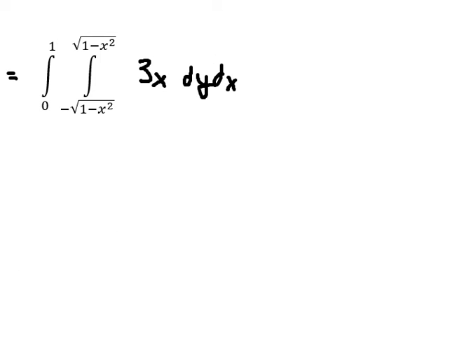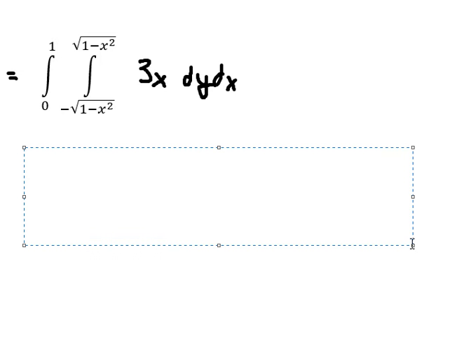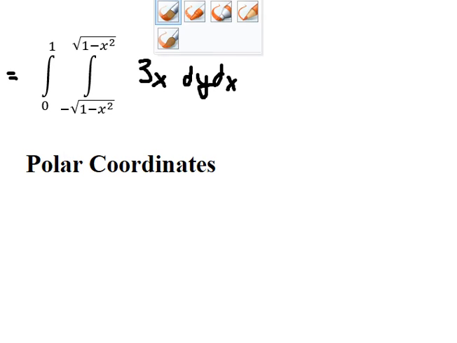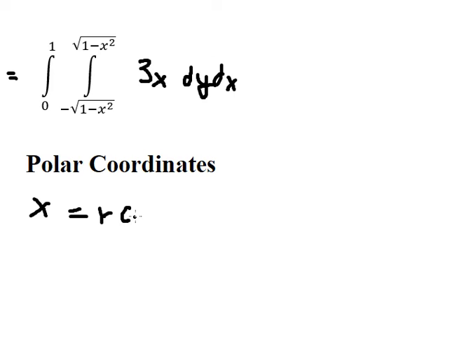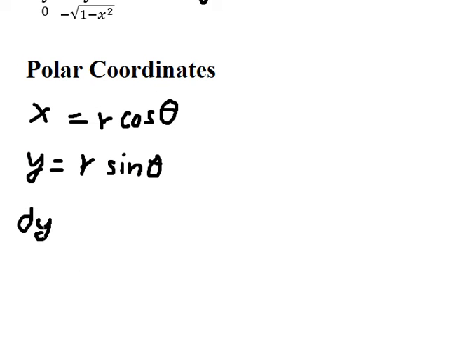Next, we can use polar coordinates. So I will put s equals r cosine theta, y equals r sine theta, dy dx we change by r dr d theta.